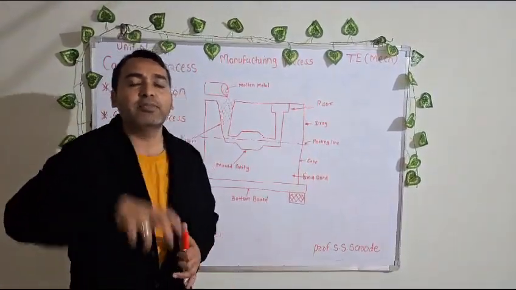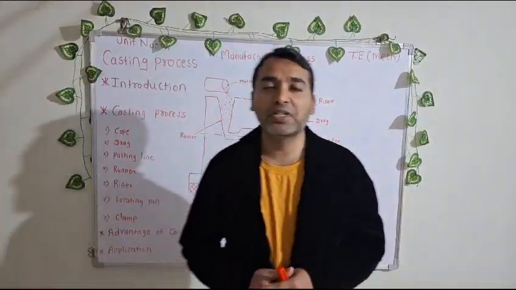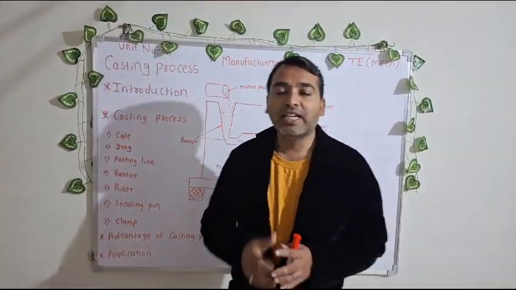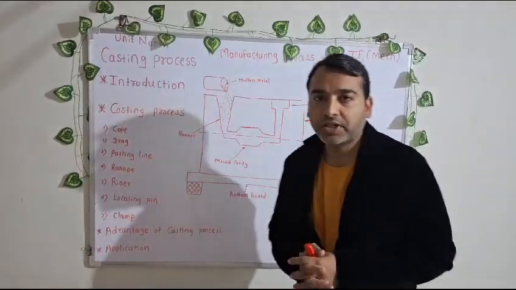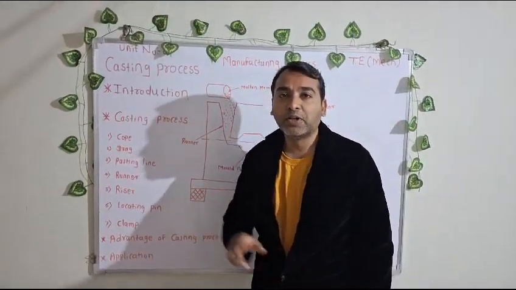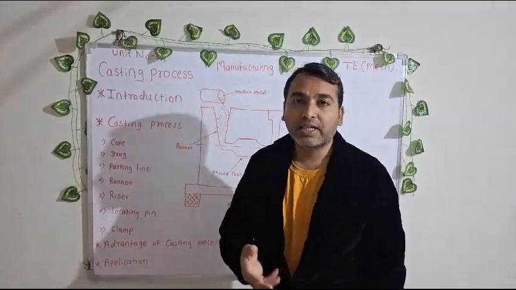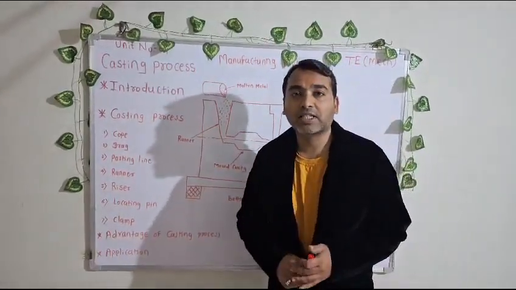So in this subject we want to study the different types of manufacturing processes. So dear student, now we are going to study the first unit of manufacturing process, which is the casting process. So before starting the different topics under the casting process, what is meant by casting process?